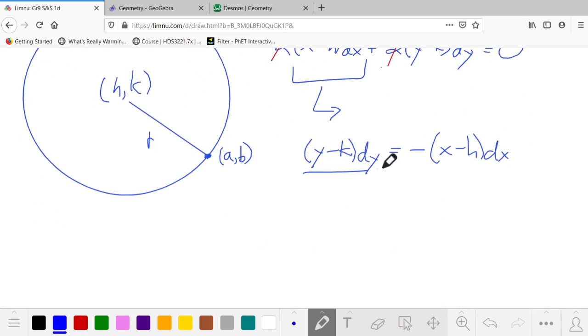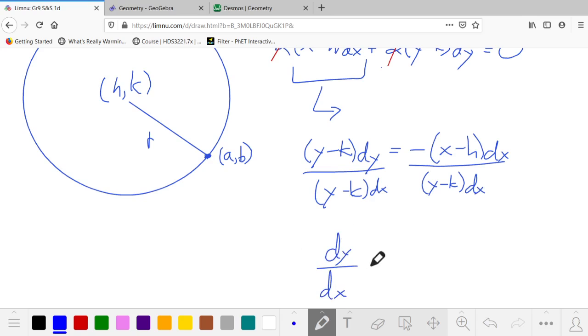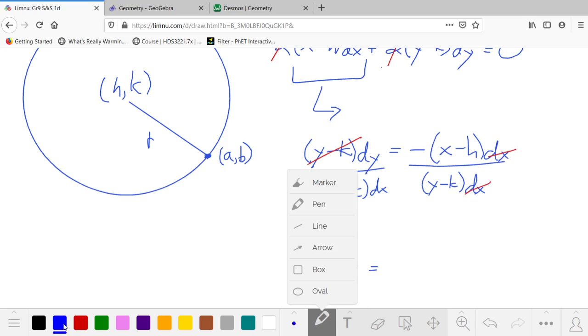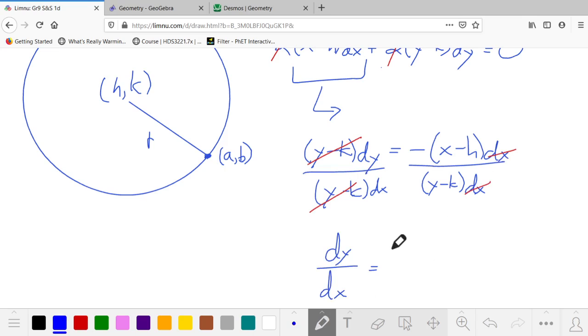We can divide both sides by (y minus k) dx. In doing so, we get dy over dx. Our (y minus k)'s cancel on the left, our dx's cancel on the right. That is going to equal negative (x minus h) over (y minus k).